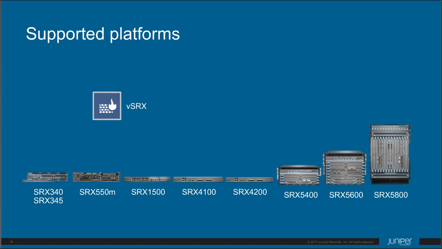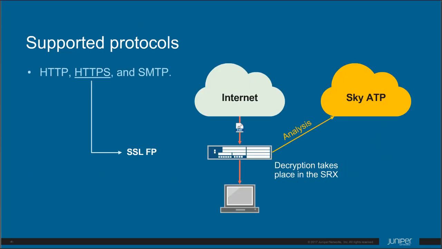So if we have a virtualized SRX on our premises or in the public cloud, we will also be able to put SkyTP on there. The only devices not covered that you might notice are the SRX 300 and the 320. This is because of a hardware limitation that we can see in the next slide.